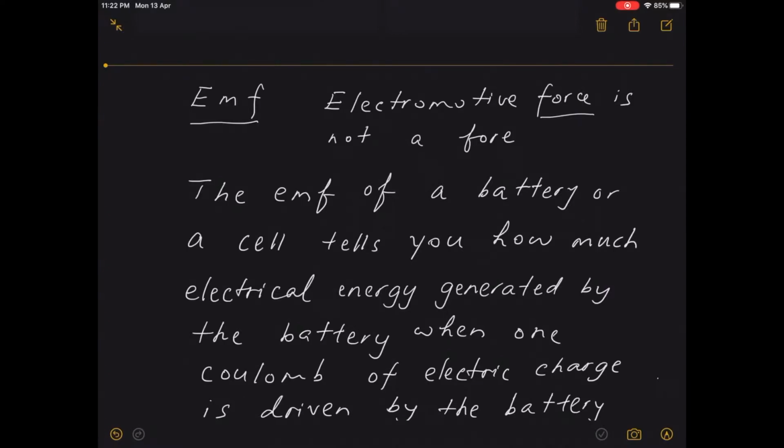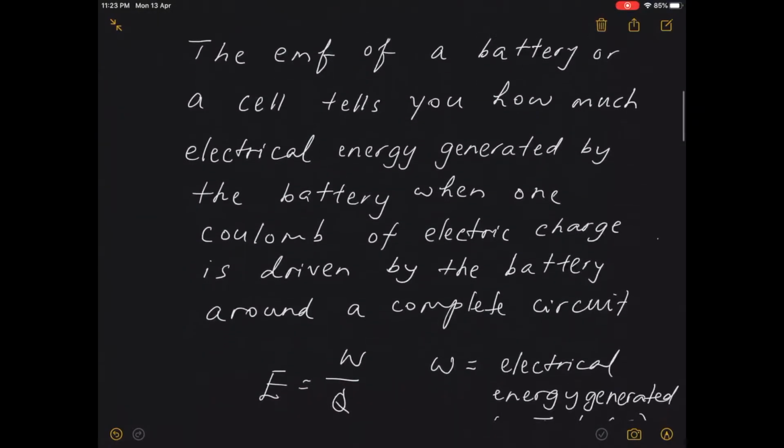When you talk about voltage, you spend electrical energy. When you talk about EMF, you produce, you generate, or you make electrical energy available. See the difference? Spending money and earning money are different, but they are both measured in ringgit Malaysia.